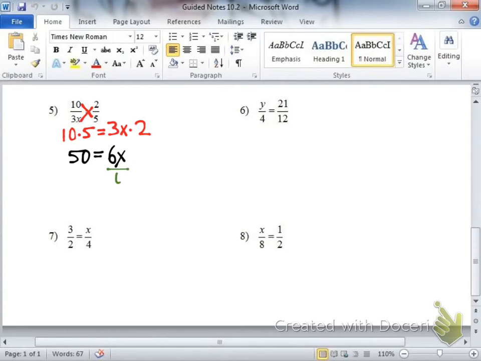Divide by 6. Does anyone know what 50 divided by 6 equals? 8.33333. The way you show 33333 is to put a bar over it. So this is 8.3 with a line over it. Typically we write the x part in the front, so I'm just going to flip-flop this. X equals 8.3 repeating. And we're done.